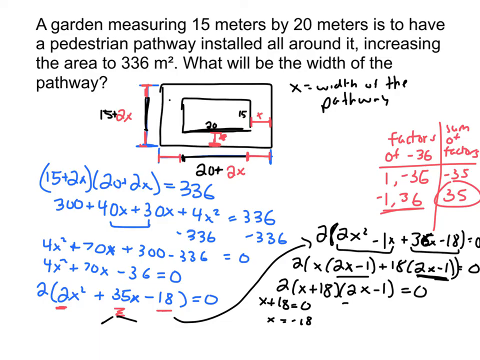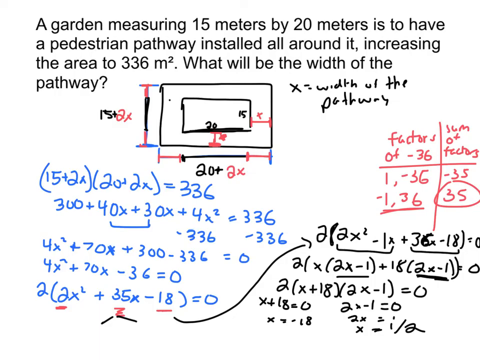What about the other one? 2x minus 1 equals 0. If I add 1 to both sides, I get 2x equals 1. Divide both sides by 2, so x equals 1/2. That makes sense. The width of the pathway is half of a meter.